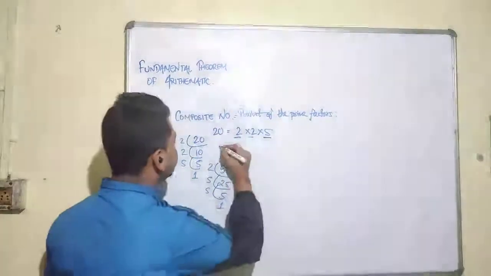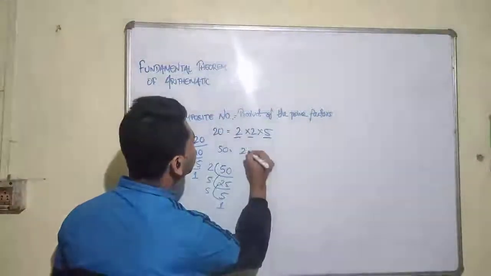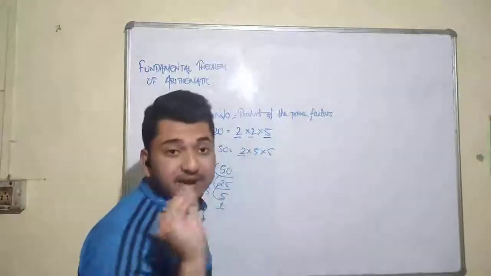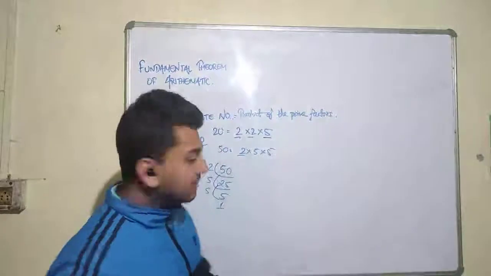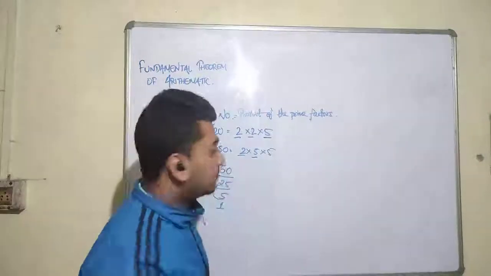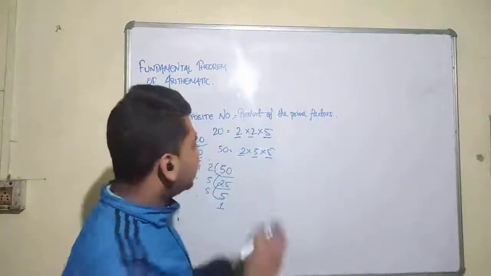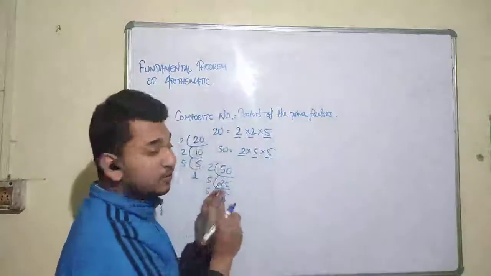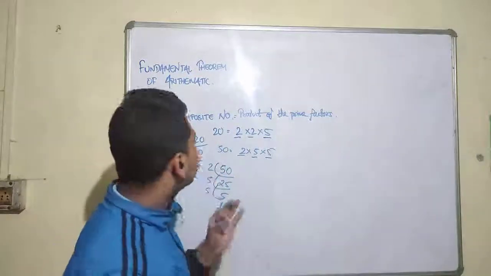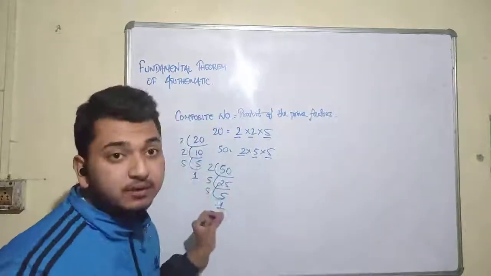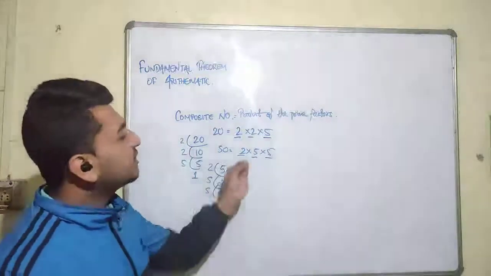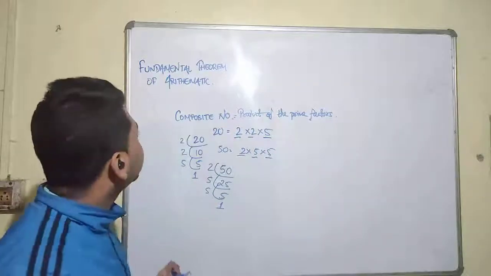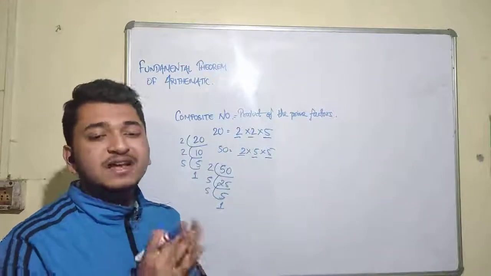So we can express 50 as 2 into 5 into 5, and we know that 2, 5 and 5 are prime numbers, and these are all the prime factors of the composite number 50. So we can express a composite number as a product of its prime factors. So this much is our fundamental theorem of arithmetic.